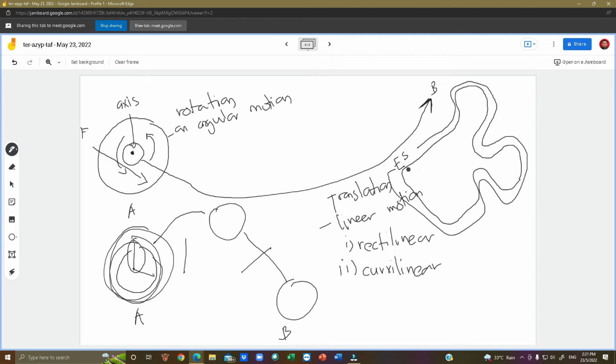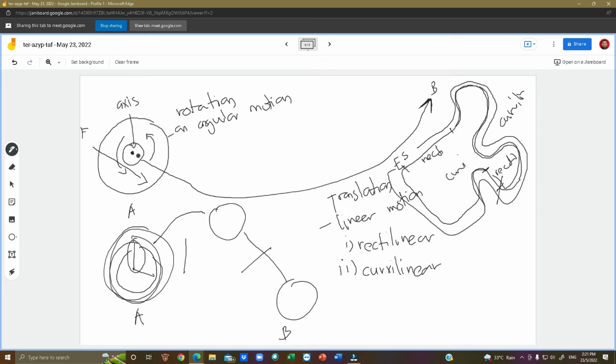We have two types of linear. Jadi dekat masa larian lurus ni, this is rectilinear. Bila dia masuk dekat lap, dekat lengkungan, this is known as apa linear? Curvilinear. Bila dia masuk lurus balik, itu rectilinear. Bila dia masuk melengkung balik, itu curvilinear. So linear ada dua, rectilinear, curvilinear.